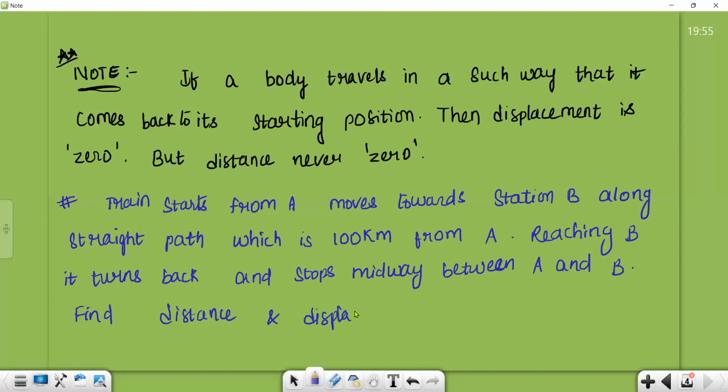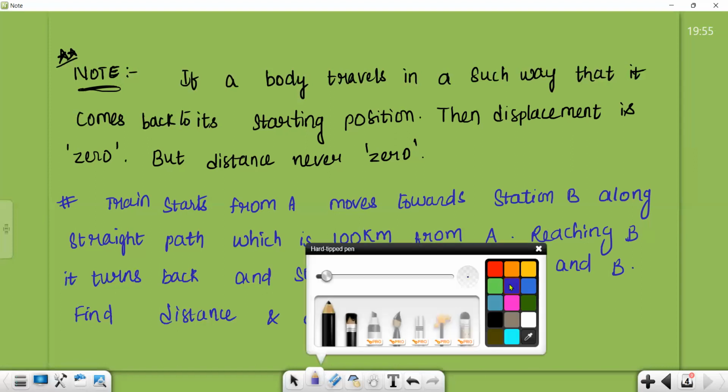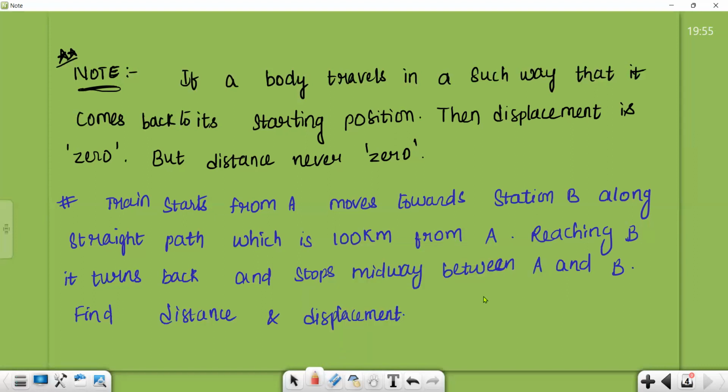Can you do this, students? Ma'am, distance is 150, and displacement is 0. Does it reach its original position? No, ma'am.